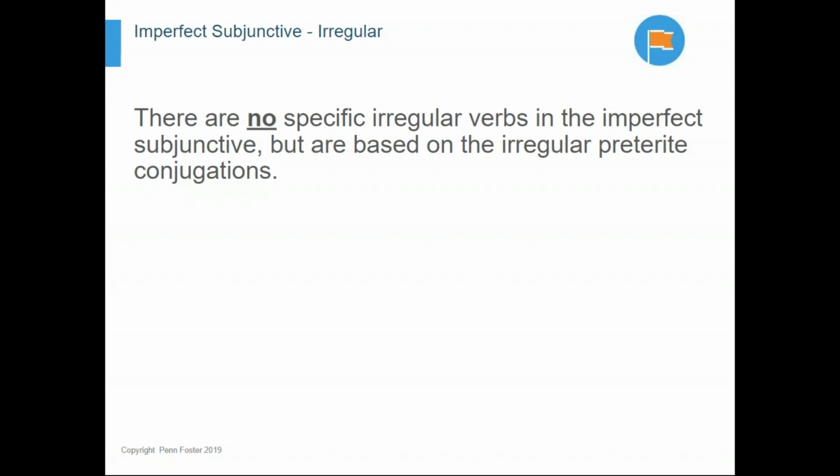But we're going to start here by talking about the fact that imperfect subjunctive, unlike present subjunctive, doesn't actually have any irregular verbs. And the reason for that is because all of its conjugations are rooted in or based in preterite tense conjugations. So being familiar with all things preterite, one of the past simple tenses, that's key to being able to conjugate this tense appropriately and accurately.